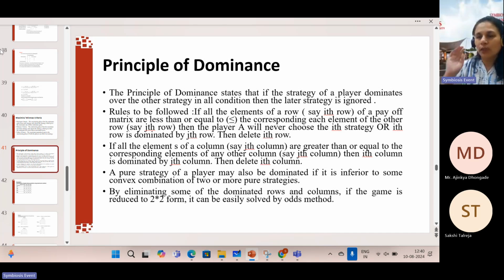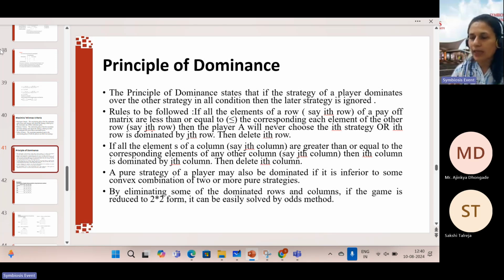So keeping this as my motive, if a multiple-order data set is given to me, that means a 2 cross m or m cross 2 game, I will try my best to make it 2 cross 2. To make this 2 cross 2, what am I going to do? I'm going to eliminate some rows or I'm going to eliminate some columns.